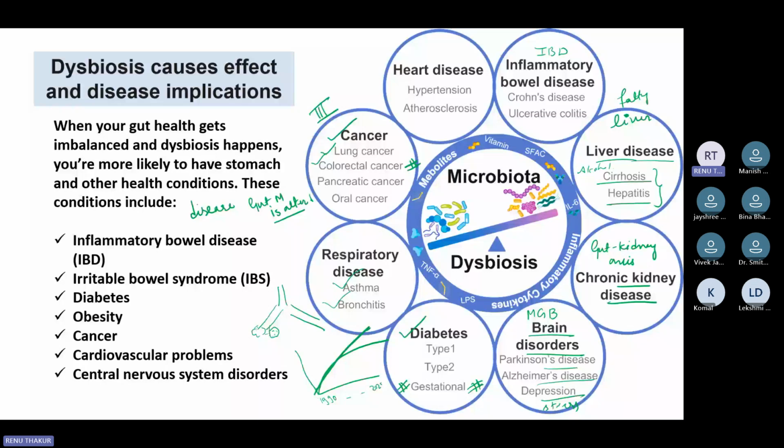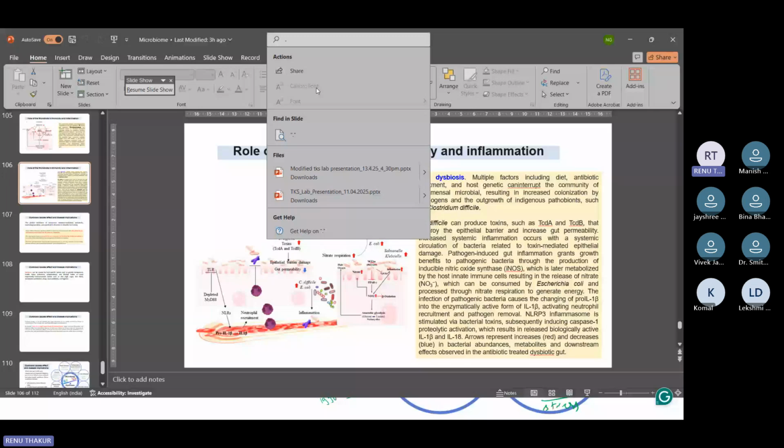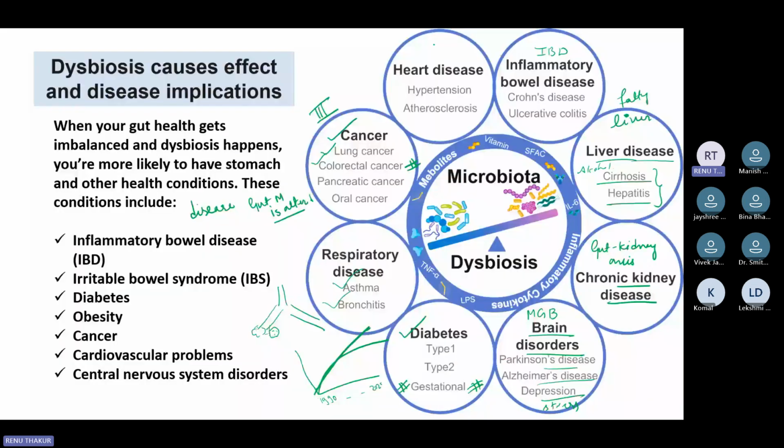Like if we are having bacteria A, bacteria B, C, D. Now we are aware that if our gut microbiome is intact, we have A, B, C, D microorganisms.